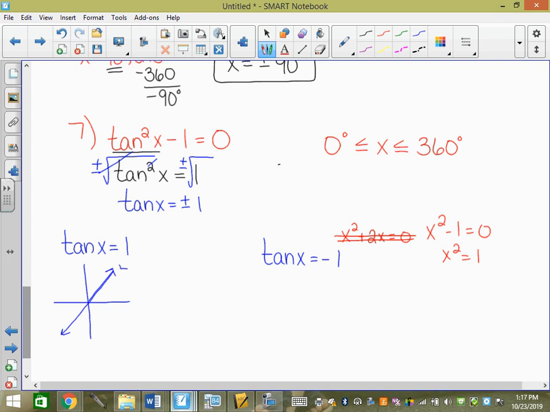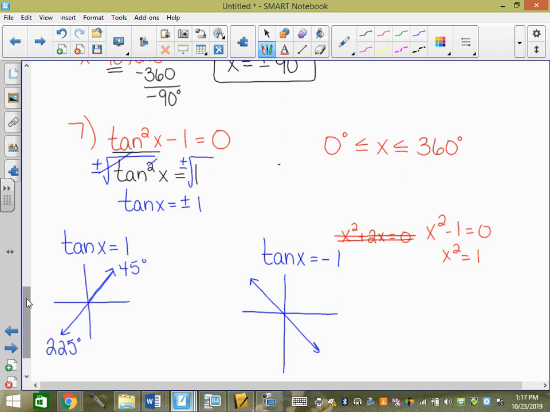So my answers are going to be at 45 and 225. Because it's where root 2 over 2 is divided by root 2 over 2. In this one, it's negative root 2 over 2 divided by negative root 2 over 2. Okay, you should be writing these down. Pick up a pencil, right? And then negative 1 is when you divide two numbers that are the same but one is positive and one is negative.